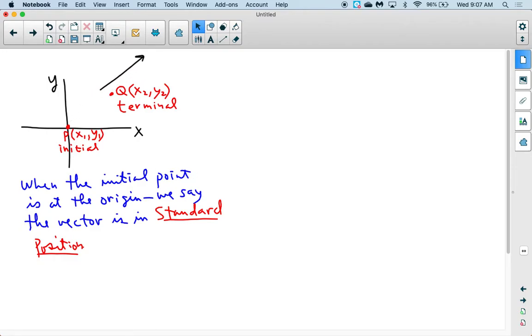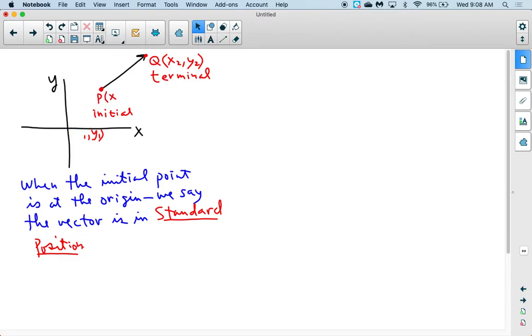Okay, there's Q, and here's that original P. Not bad. All right, so we put it back into this original position.